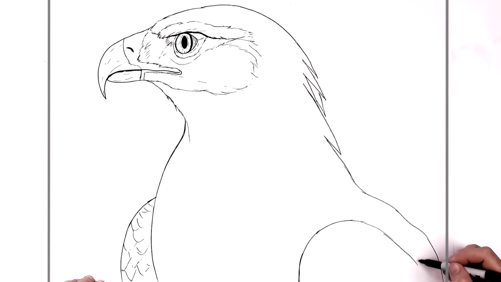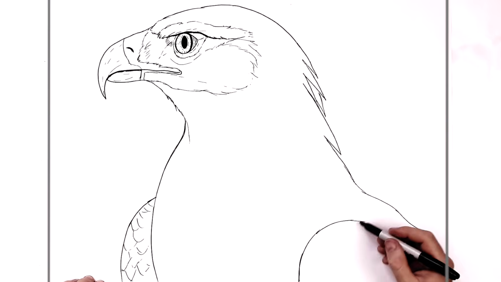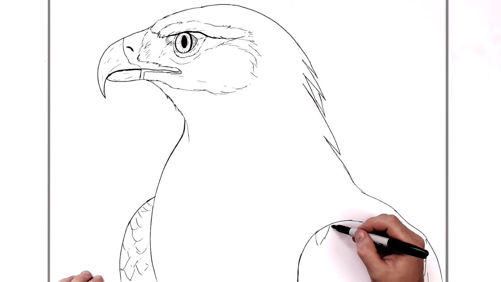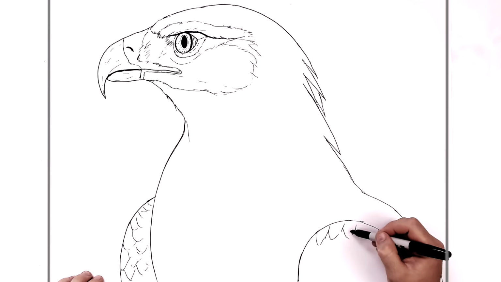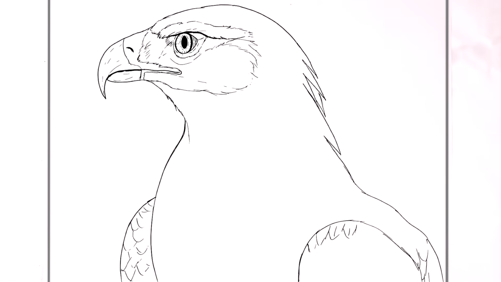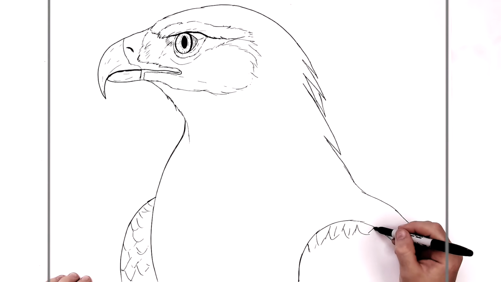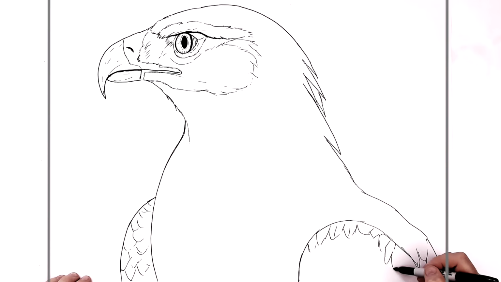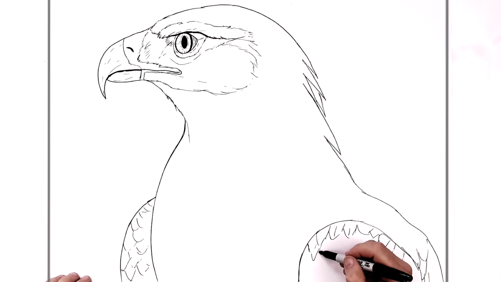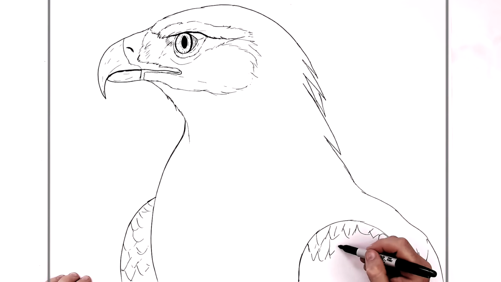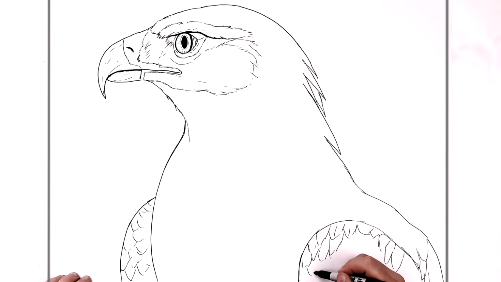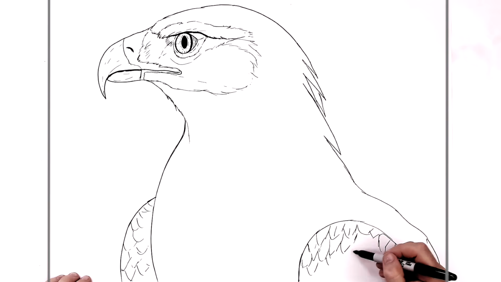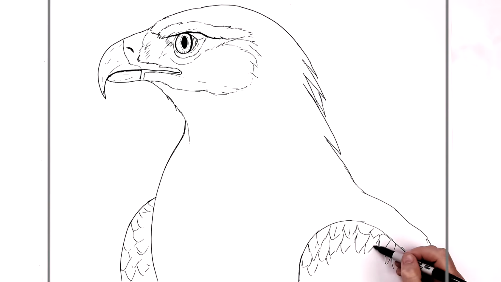There might be some feathers coming on top here. And again, this layering effect, you're just adding these curved lines. Lightly just sketching them in, doing them quite quickly.